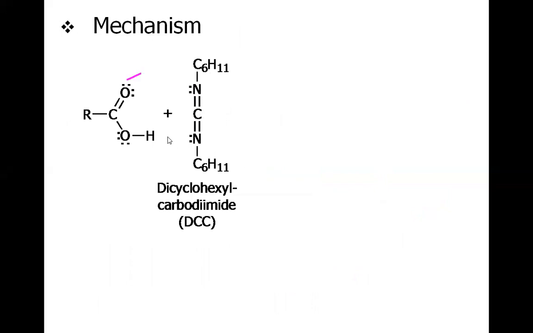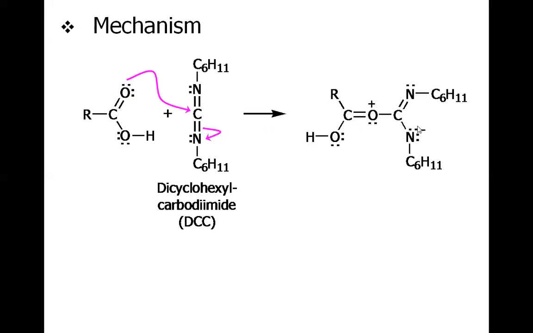So the first step must be the attack of the carbonyl oxygen of this carboxylic acid on this electrophilic central carbon, and then this C=N bond will be broken as a result, and we have this intermediate. And then this oxonium ion will be neutralized when this lone pair of oxygen forms the C=O double bond.